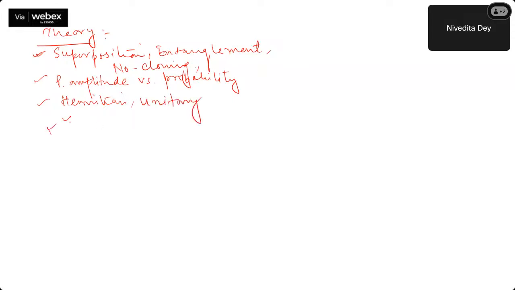The inner product concept should be very clear. The inner product space, Hilbert space concept should be very clear to you.